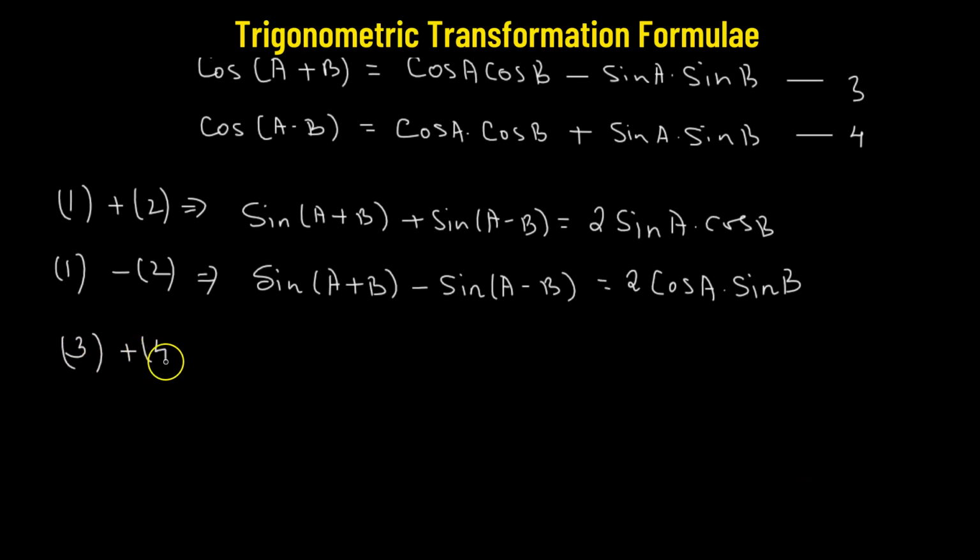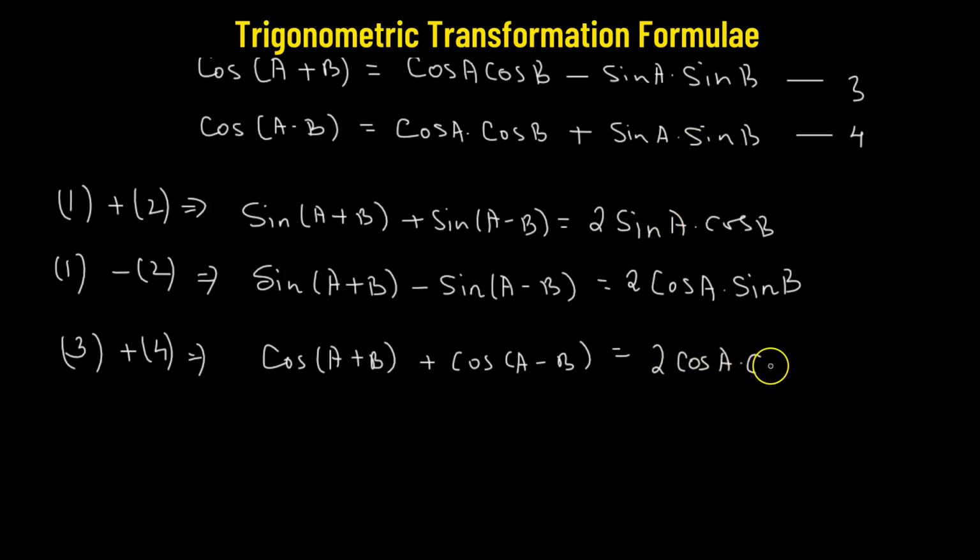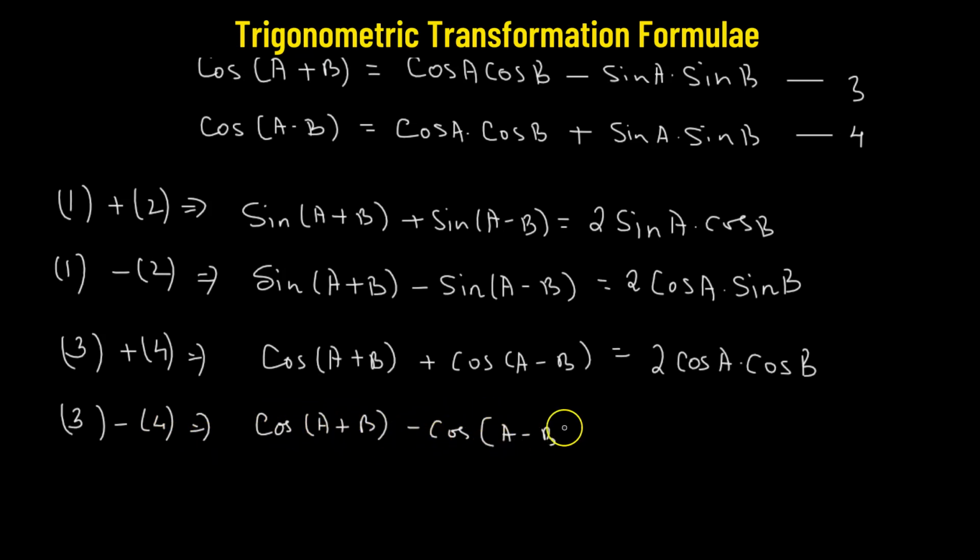We have cosine of A plus B plus cosine of A minus B. The second term of both expressions will get cancelled out, and we'll be left with 2 times cosine of A times cosine of B. Finally, if we subtract 4 from 3, we get cosine of A plus B minus cosine of A minus B, which equals negative 2 times sine of A times sine of B.